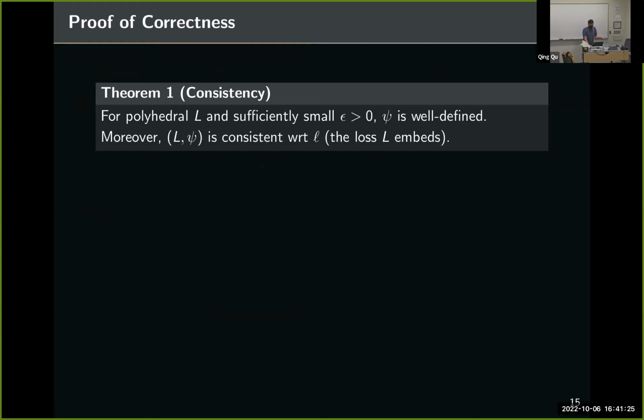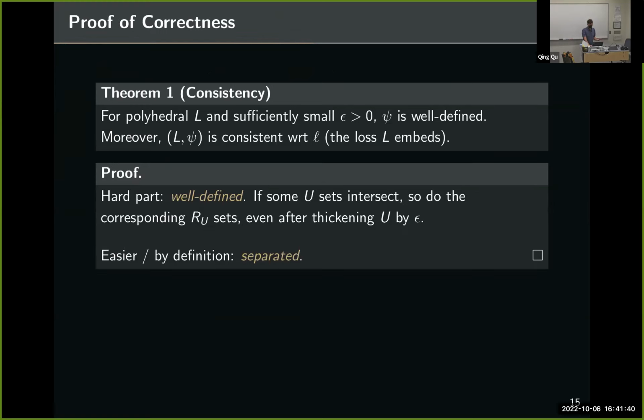So the theorem that this works basically breaks into two pieces. One is that for sufficiently small epsilon, you do actually get non-empty everywhere. So there is some choice. And given that choice, you get consistency. The hard part is the first part. You have to show that if these U sets intersect, then the corresponding R_U sets do, which means there is a valid choice in there, because if they didn't intersect, you get the empty set.